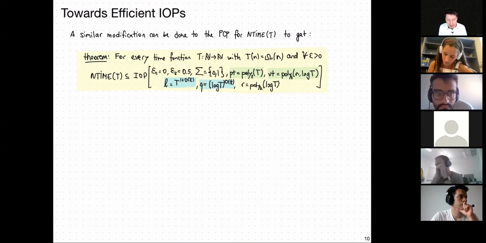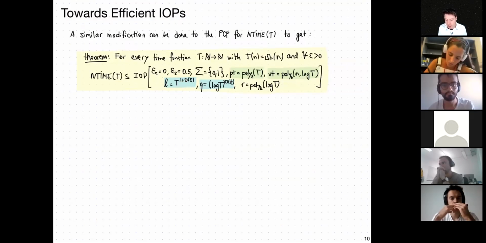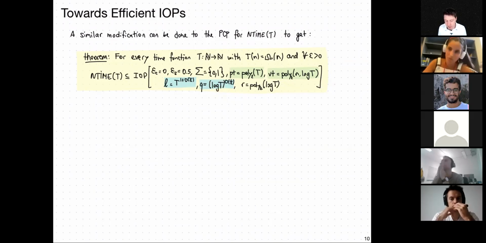It says that for any time t computation, in fact even non-deterministic one, you can get the proof length to be t to the 1 plus epsilon with a query complexity that has a trade-off on 1 over epsilon. And you know, polylogarithmic running time, polynomial running time here. So it's pretty good.